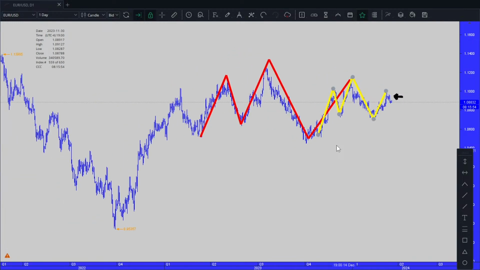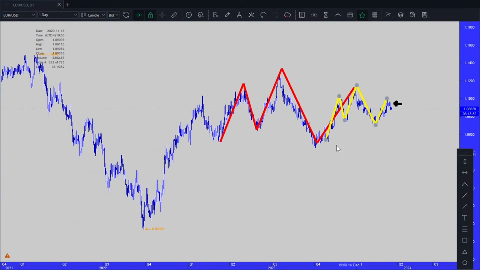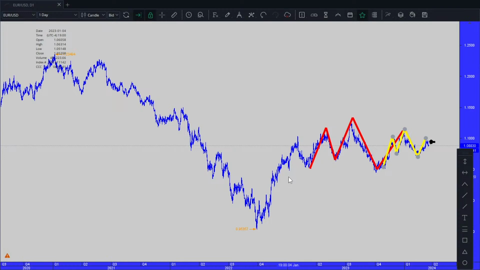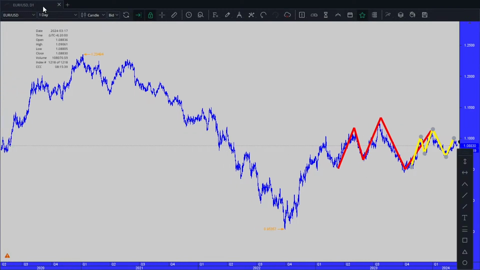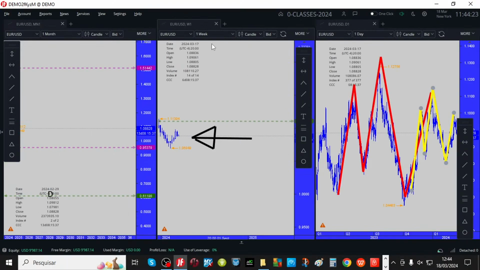So the market is telling you, we are ready to go down. Suresh, until the A is taken out, it has to reach the D. Yes, correct.